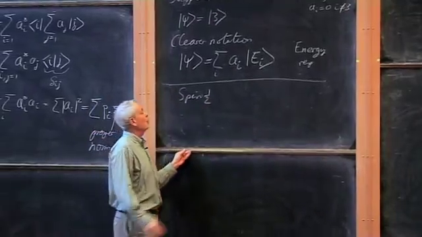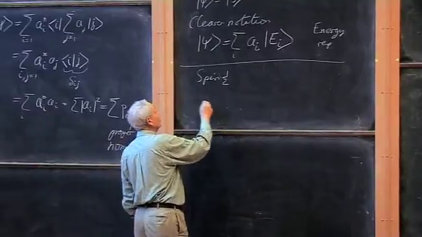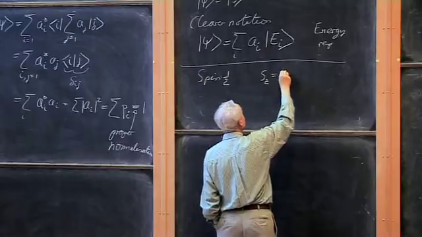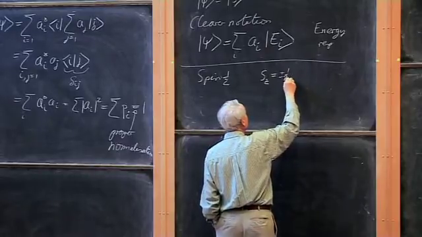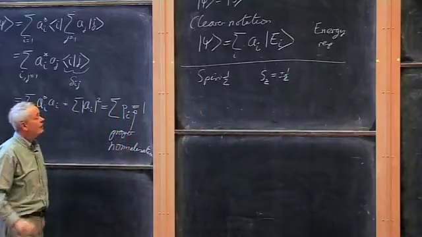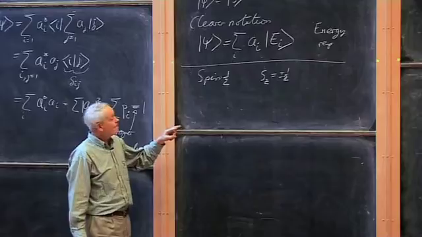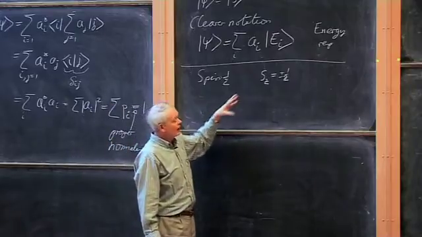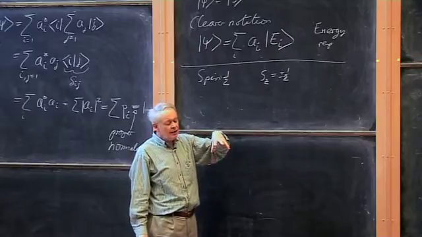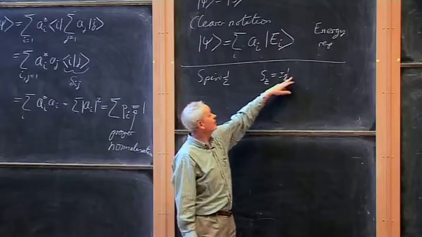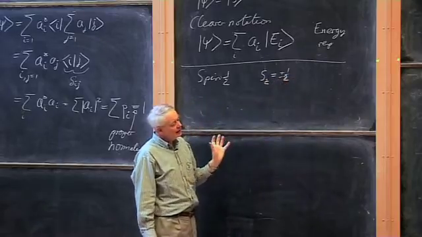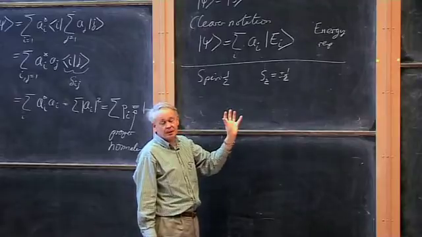So if we measure the spin along the z-axis, I'm going to say that this is now plus or minus a half. Yesterday I had an h-bar here in some sense. I was using a slightly different notation, but I had an h-bar there. h-bar has dimensions of angular momentum. So if Sz is plus a half, that means the angular momentum in the z direction is plus a half h-bar.